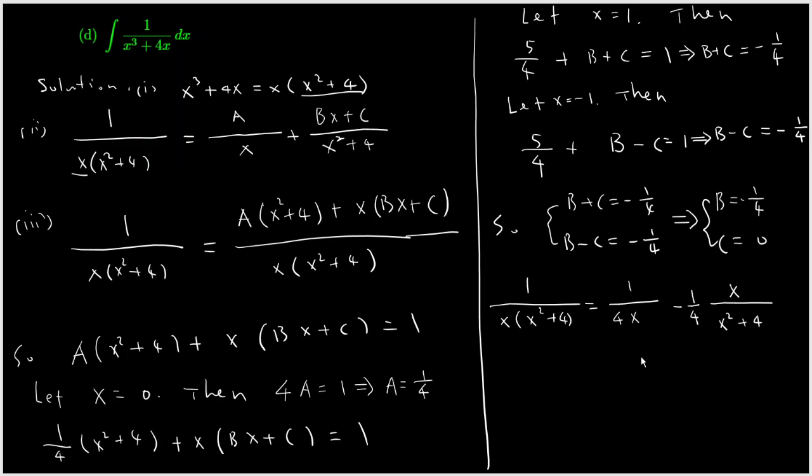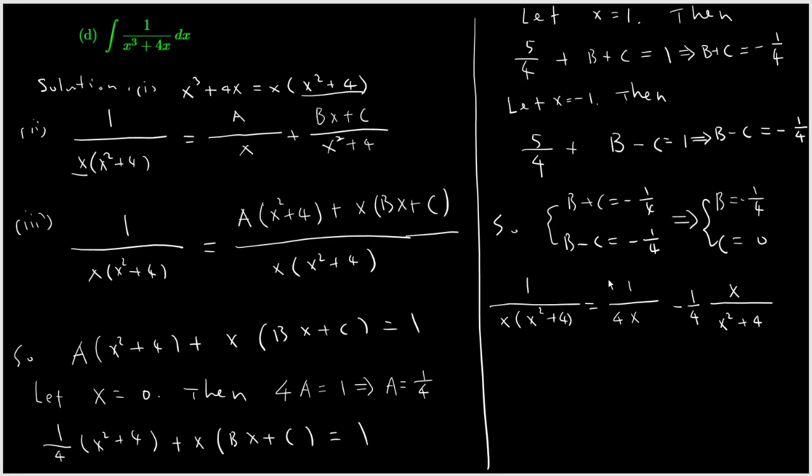Do we know how to integrate? I think you know how to integrate 1 over x. And then for the other integral, I'm going to do it separately. Now for the integral of x over x squared plus 4.